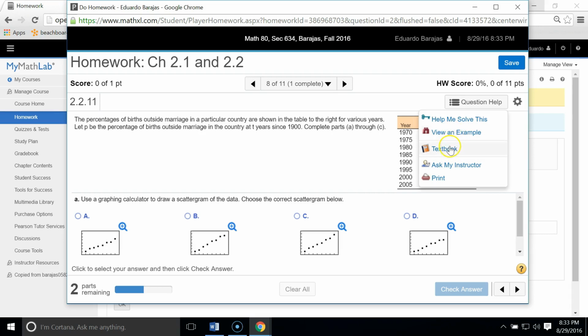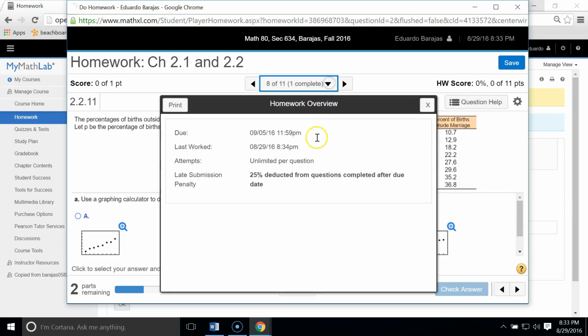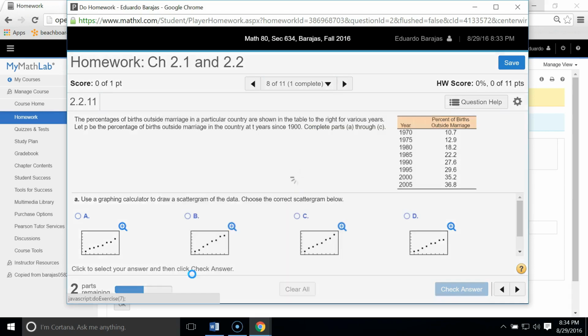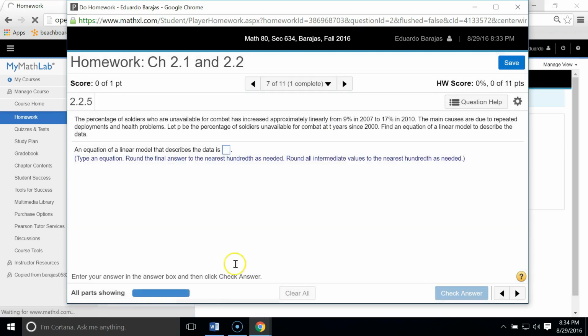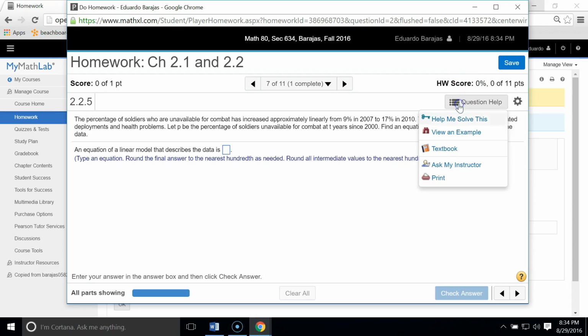And then some of them have something called an animation. It's like a little video that pops up that kind of helps you with that question. But I don't know which one has an animation, which one doesn't. So it's kind of a stab in the dark here, and I might not run into one. All right, I didn't run into one, so I give up. I'll find one at some point.